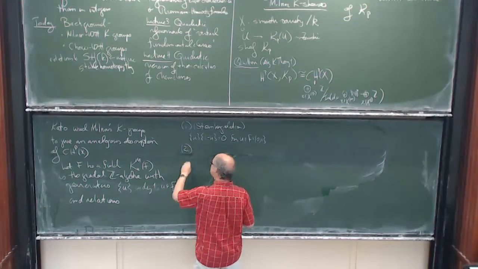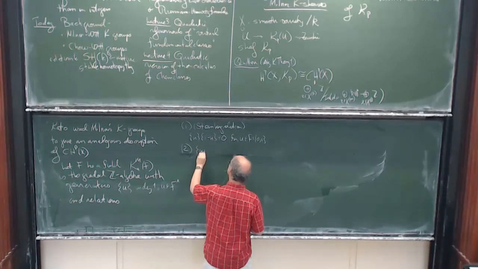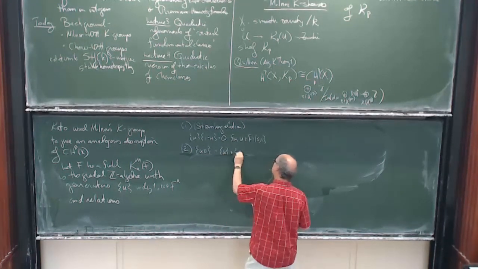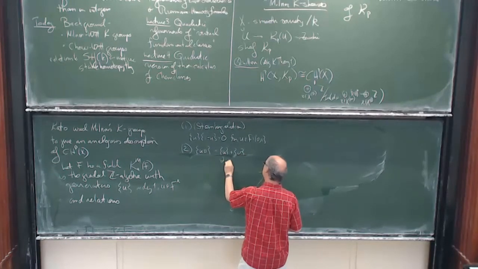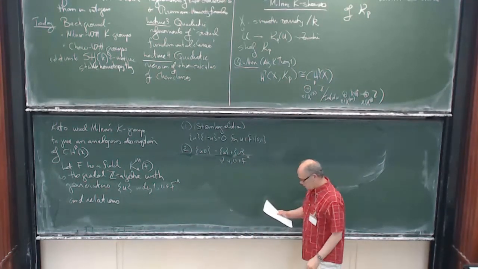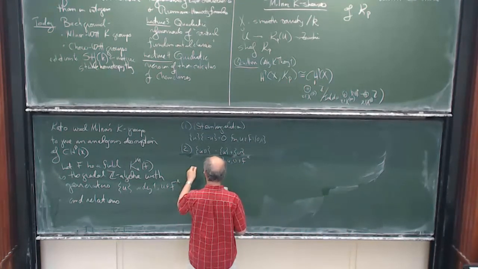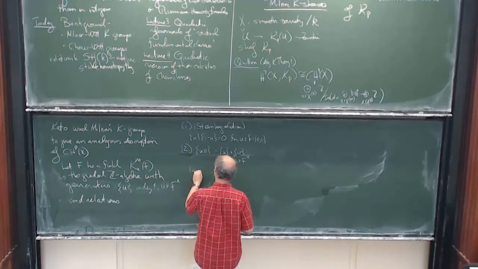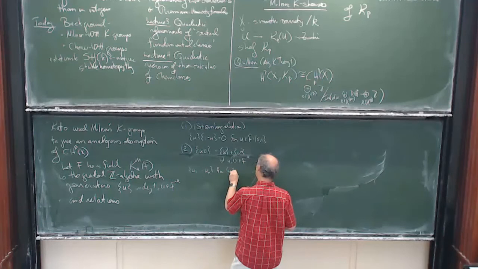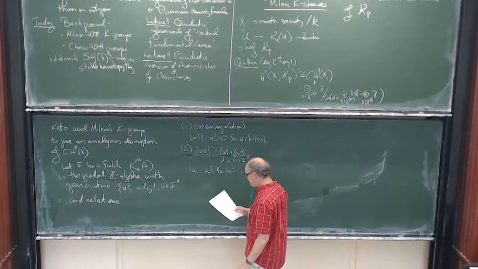And the second one is that this symbol is additive with respect to multiplication. Okay, good. So then we often write the product, so-called symbol, as an n-symbol.